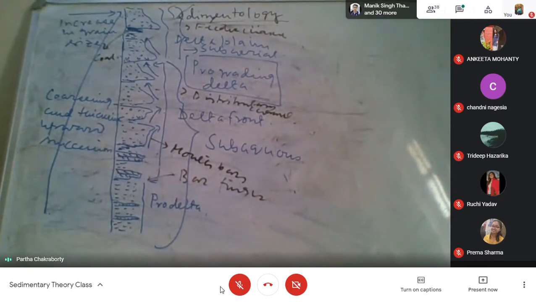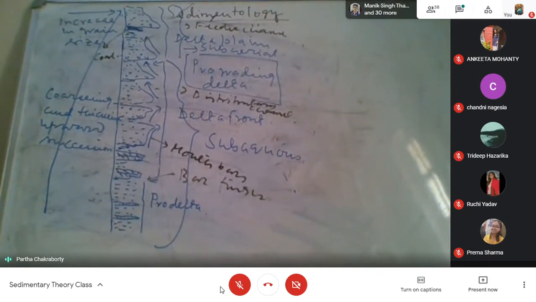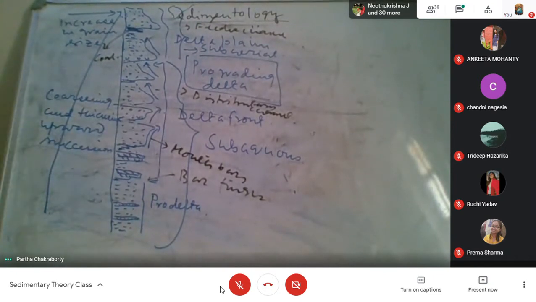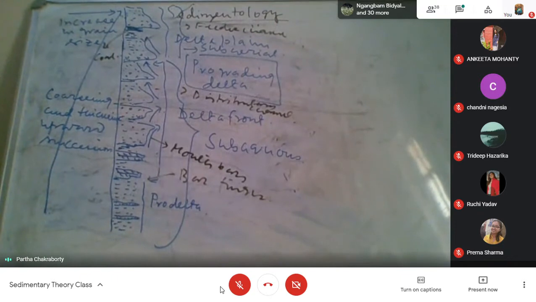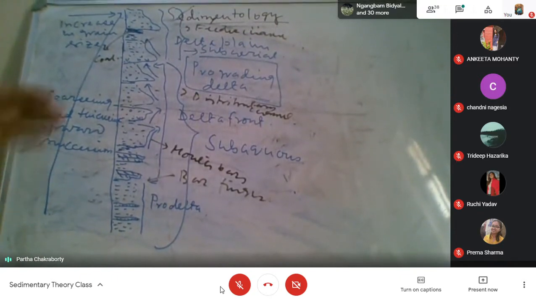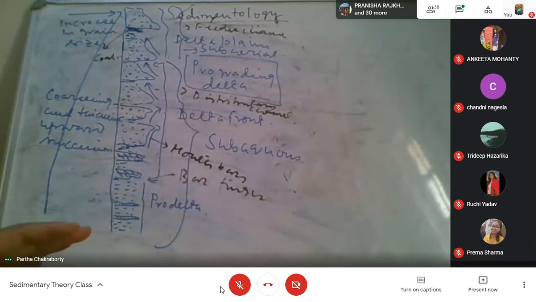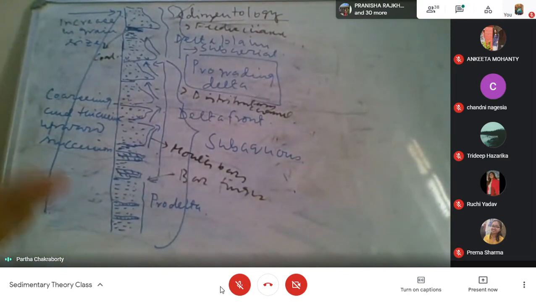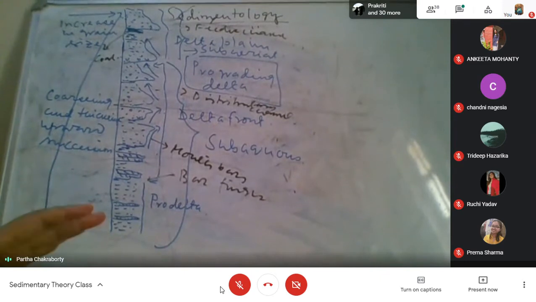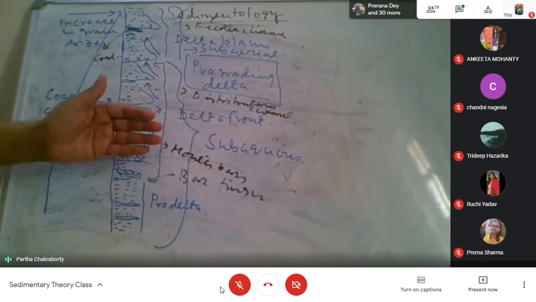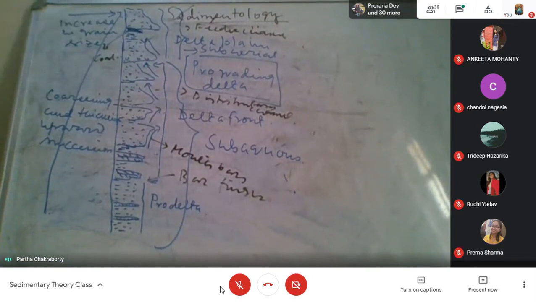Now, in some cases, you also get large scale soft sediment deformation in the delta front sand. Why? Because the sand bodies, which are heavier, are coming on the shale bodies, and that causes gravitational instability, and many deltas show large scale soft sediment deformation in the lower part of the sand as well.